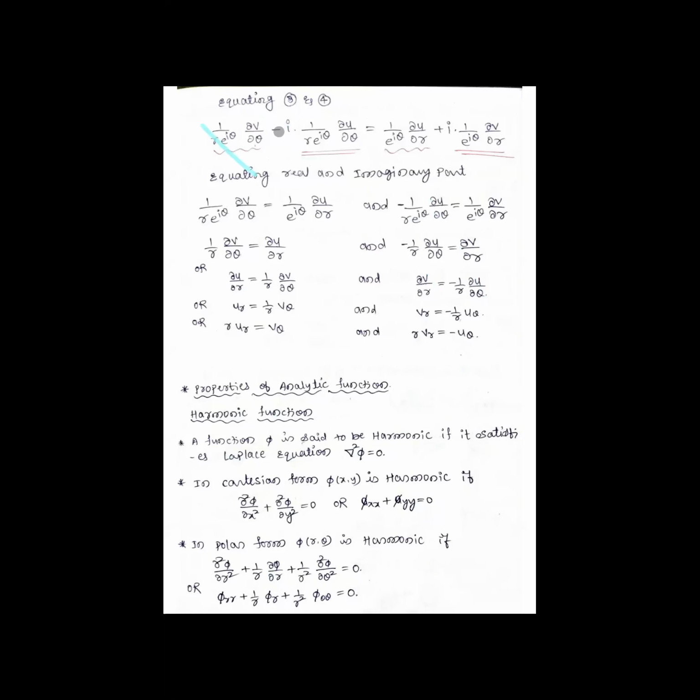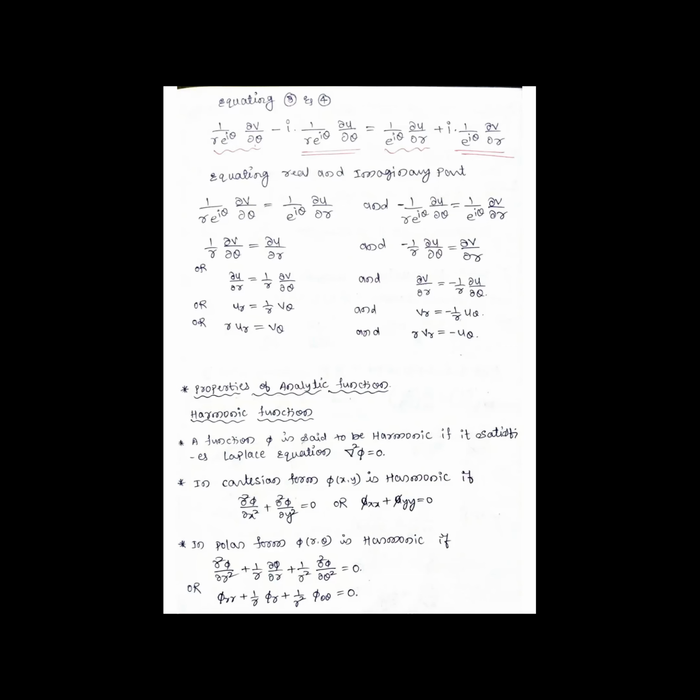Okay, fine. So after the polar form, we are studying one more definition, that is properties of analytic function. Analytic function in the sense, first you can take the differentiation formula, that is f dash of z is equal to limit of f of z plus delta z minus f of z divided by delta z as delta z tending to 0.